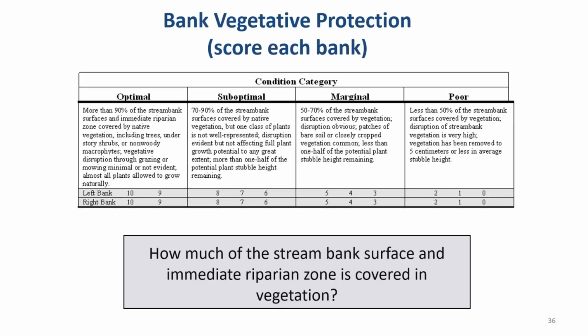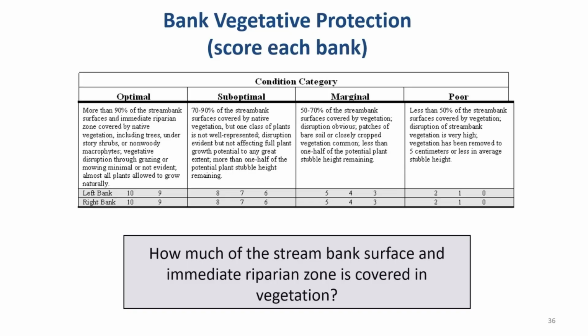Start over with that. If 90% of the stream bank is covered by native vegetation, including trees, understory shrubs, and non-woody plants, and there's no disruption through grazing or mowing, and the plants are allowed to grow naturally, that would be in the optimal section.